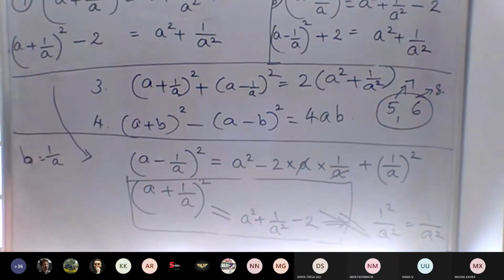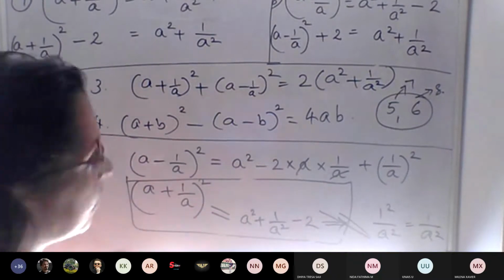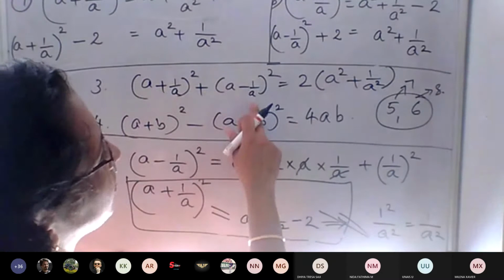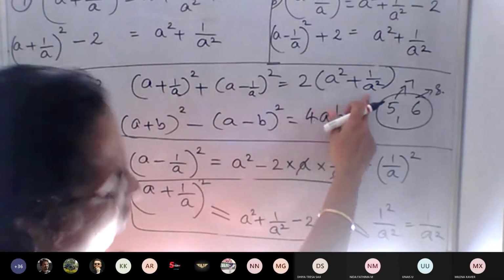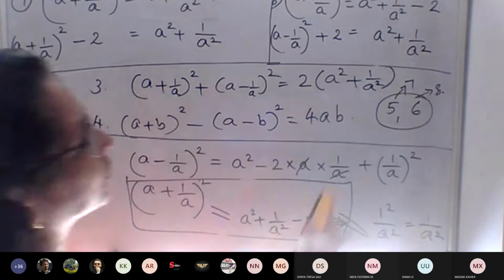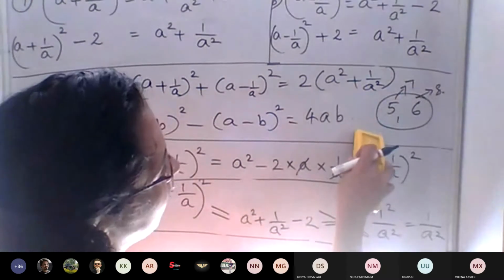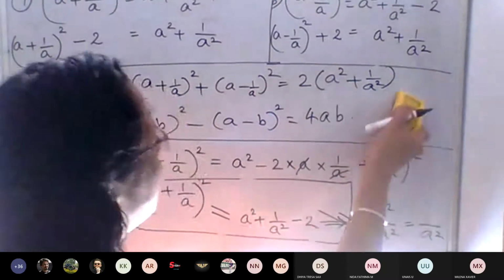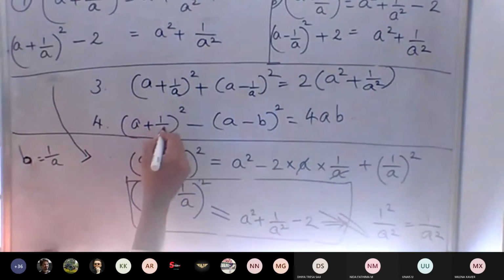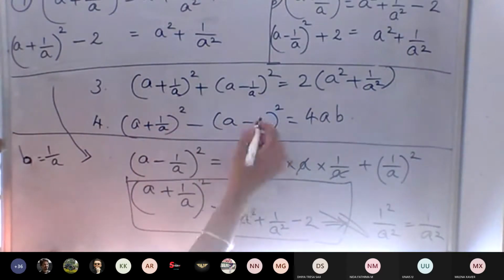So next formula, the 7th one. A plus 1 by a expansion, a minus 1 by a expansion. We have 2 into a square plus 1 by a square, mark it. In the same way, for a plus b whole square minus a minus b whole square, instead of b we write 1 by a.